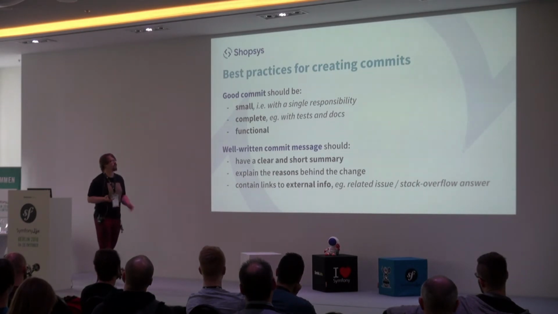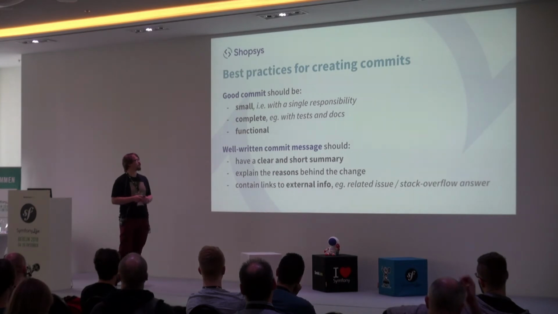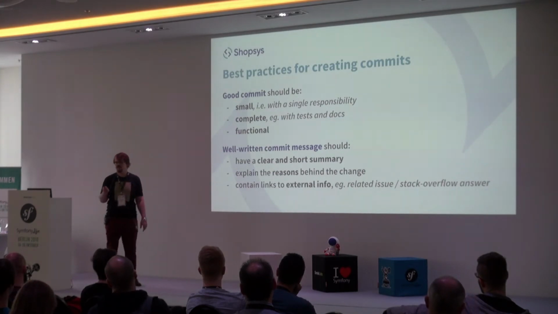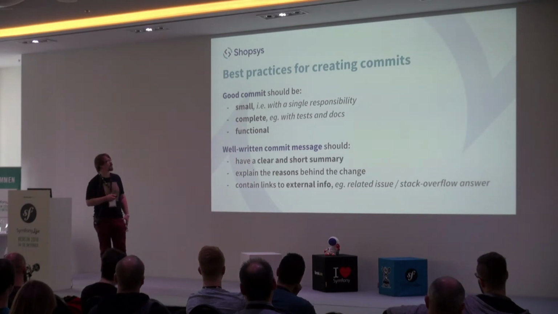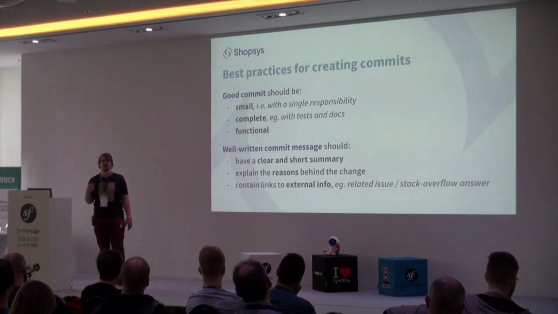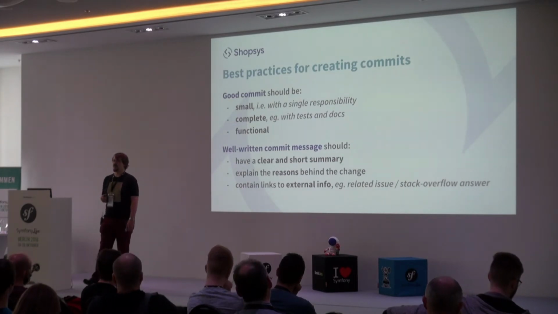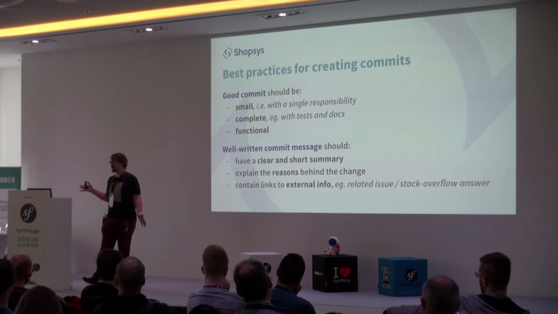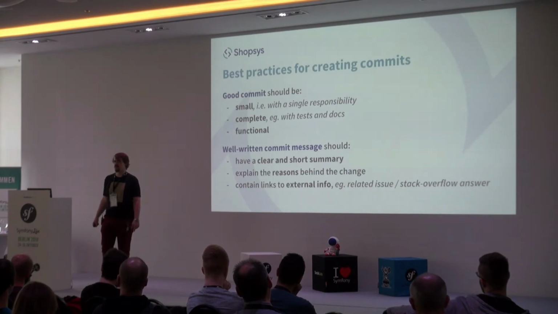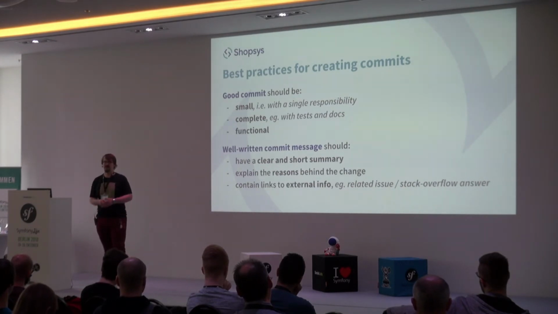But there is really no reason to have it in several commits after you make it pass. But there is also an exception when you're doing, for example, a search and replace over all your code base, or such big changes that are automated.